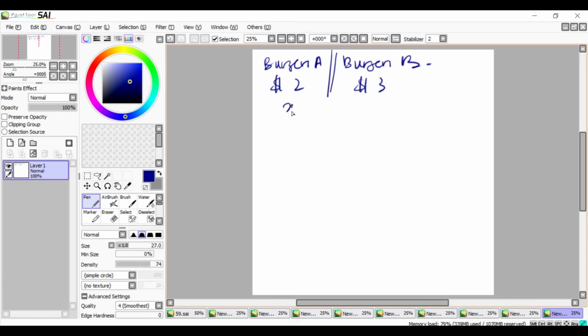So we're going to use x to represent burger A, y to represent burger B, and here is their function. So 10x plus 10y plus xy minus x squared minus y squared. So first we differentiate with respect to x and y.